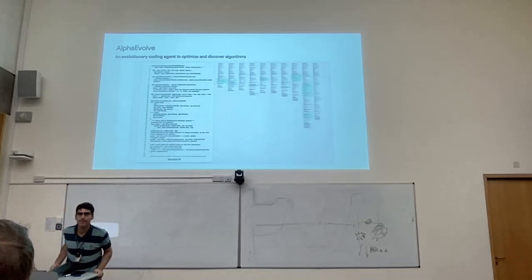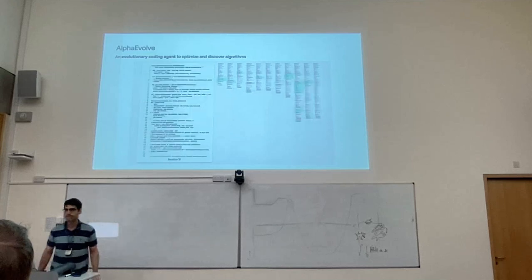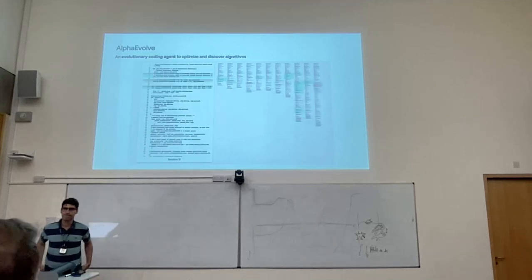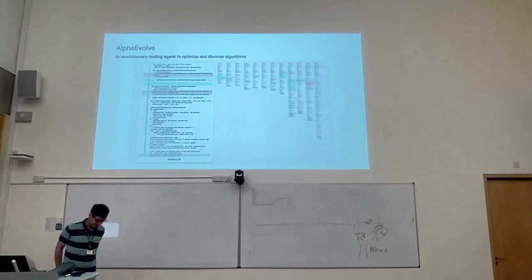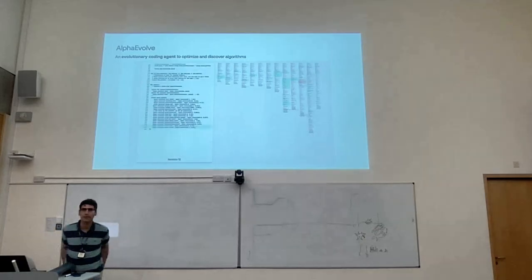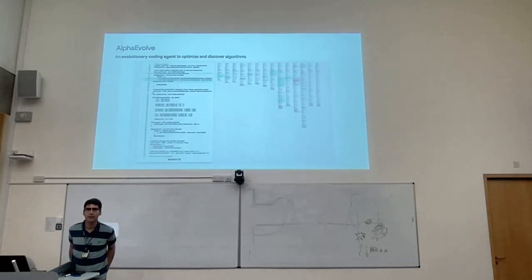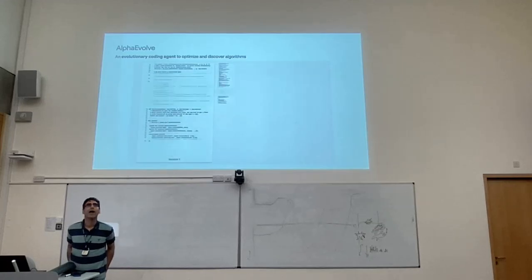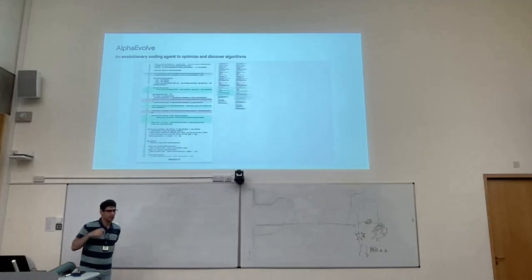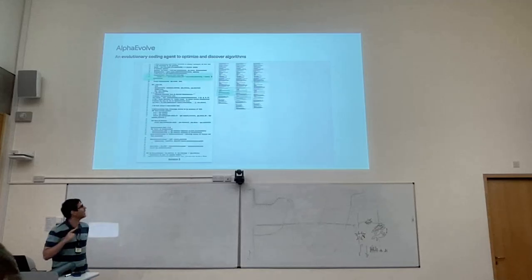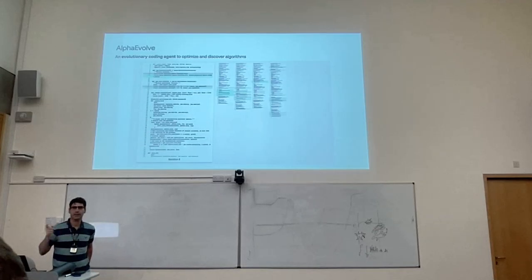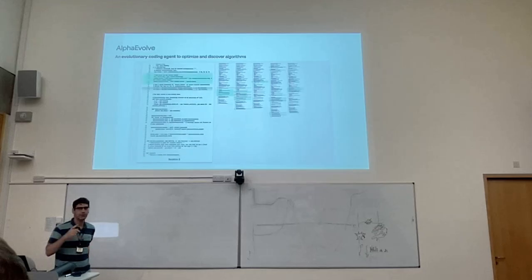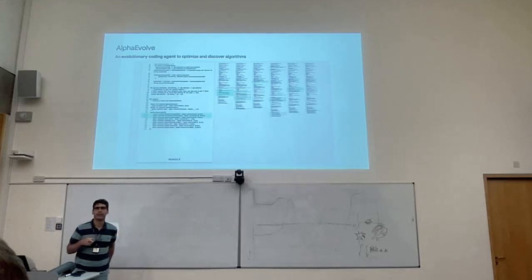In the case of code generation, is the evaluation done by the LLM the same instance that is used for the code generation as well? Sorry, can you say that again? Is the same instance that is used for the generation also used for the evaluation of the generated code? Ah, I think that's one key thing here: unlike other coding agents or other systems, we don't use LLMs at evaluation time.